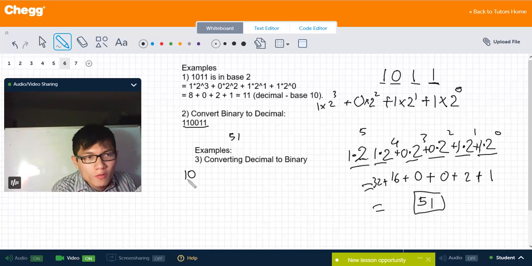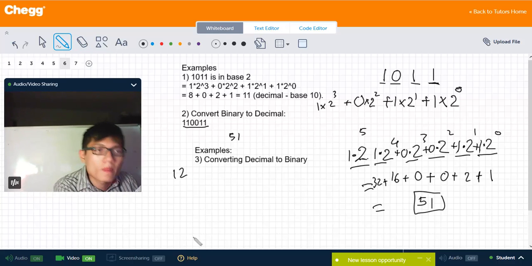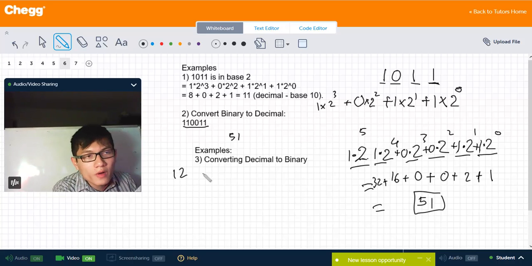How do we go from 10? Oh, I don't want to choose 10 because 10 is 1 0. It can be misunderstood with the binary number. Let's choose 12. Okay, how do you convert 12 in base 10 to the binary, which is base 2?